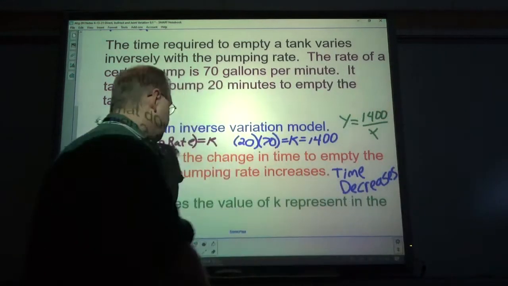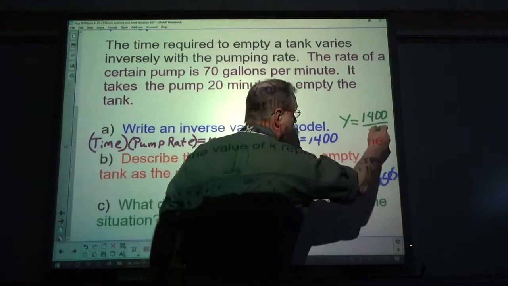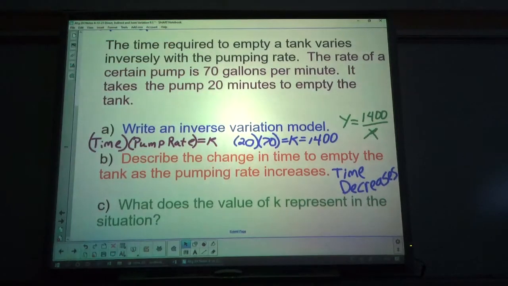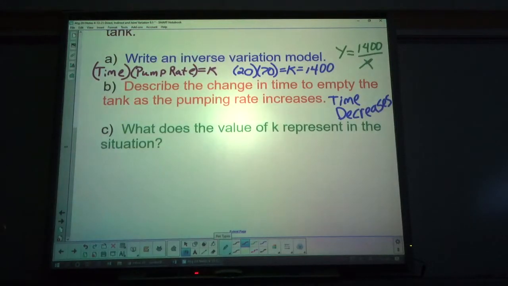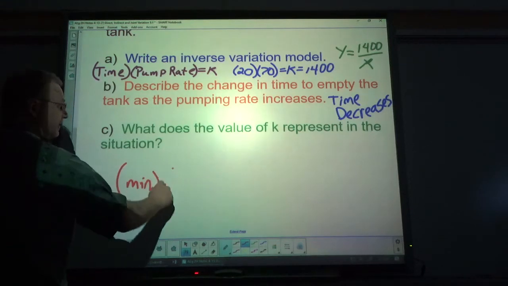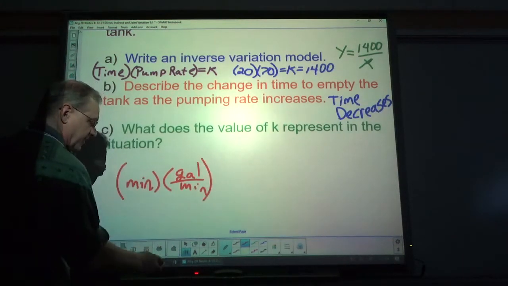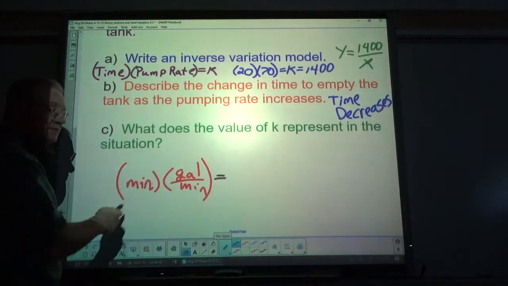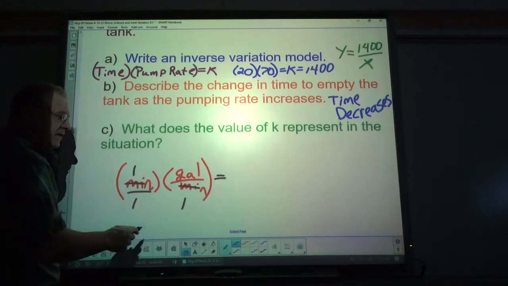What does the value of k represent in this situation? All right, let's see. Time is minutes. Now let's think of this in terms of multiplying rates. We've got minutes, that's the x, and the pump is gallons per minute. If I multiply minutes times gallons per minute, the units cancel, and this is gallons.